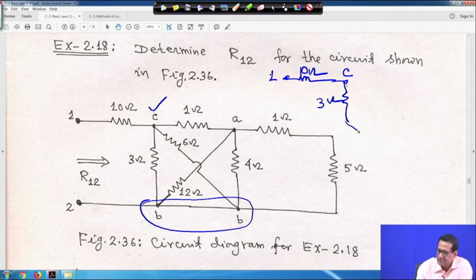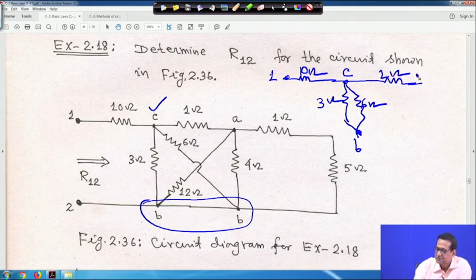So, if I make it like this, this is my B point, then this 6 ohm also is in parallel to this 3 ohm, across the 3 ohm resistance. Then there is a 1 ohm resistance here, and this terminal is the A terminal, this is actually 4 ohm.